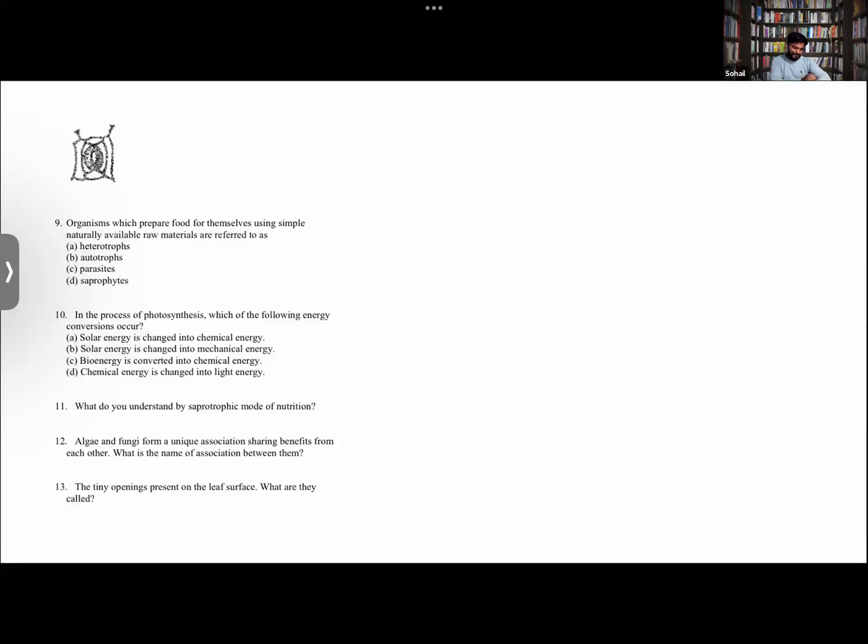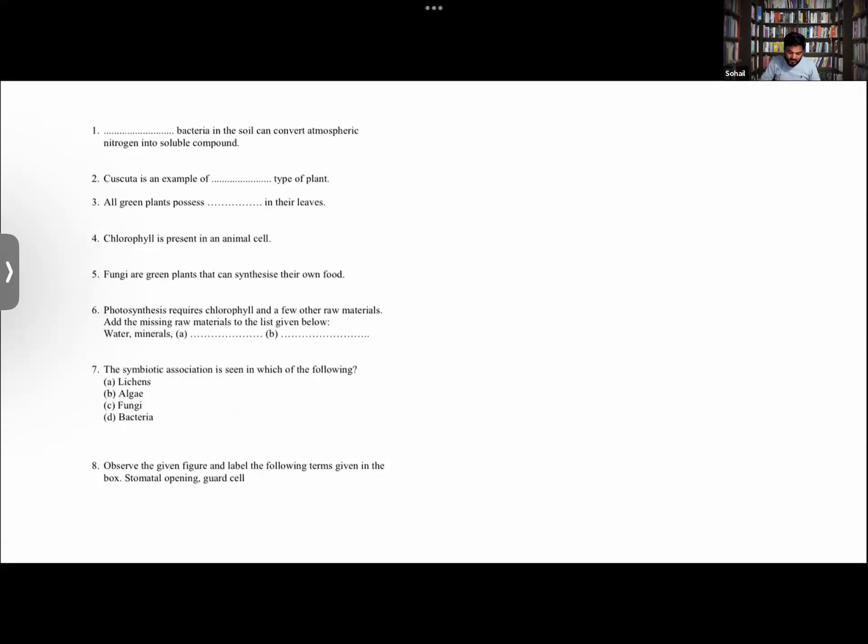Sir, in the 11th one, do we need to quote an example? You can quote an example. Sir, for the 8th one, what should we do? For the eighth one, you have to label the names. You have to label where the stomatal opening is and where the guard cells are.